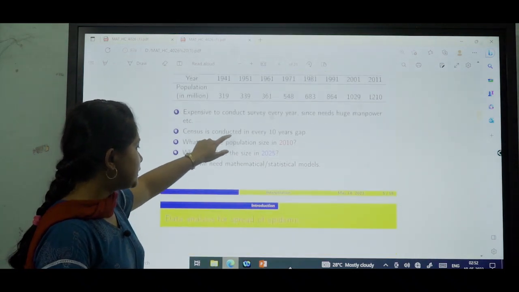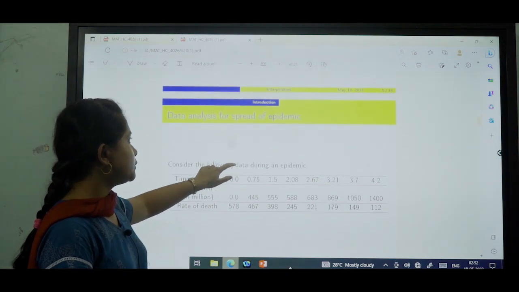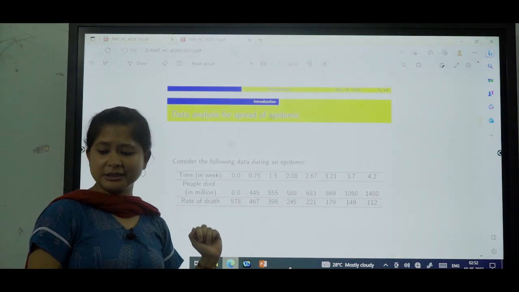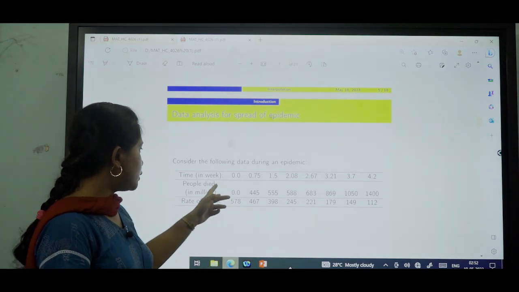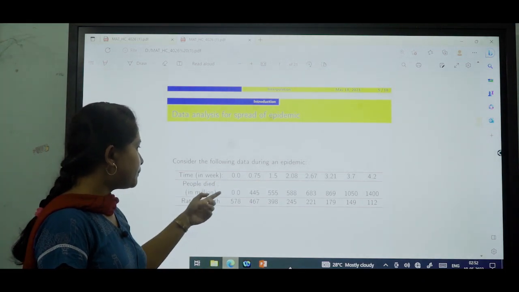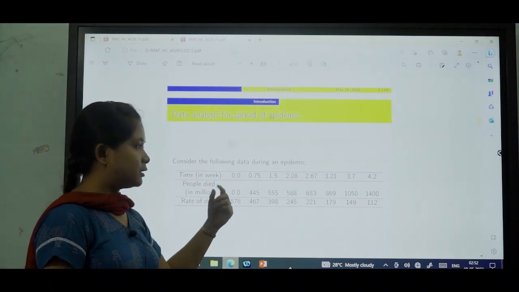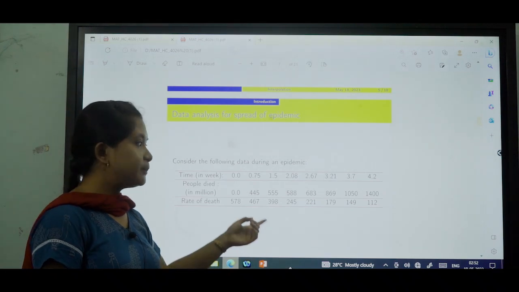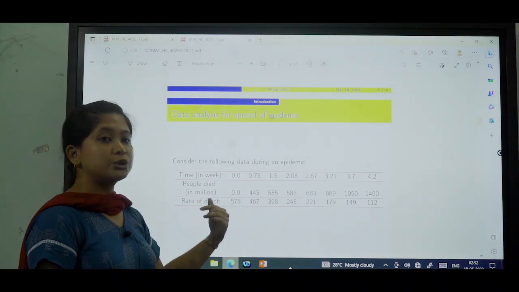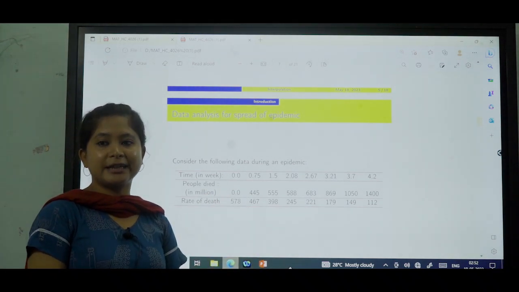Now, let's move to another example. As you can see, here is the data analysis for the case of an epidemic. Here also the time is given in weeks and the number of people who died. These are the data. So, if I want to know the number of people who died in the first week, what will be your answer?